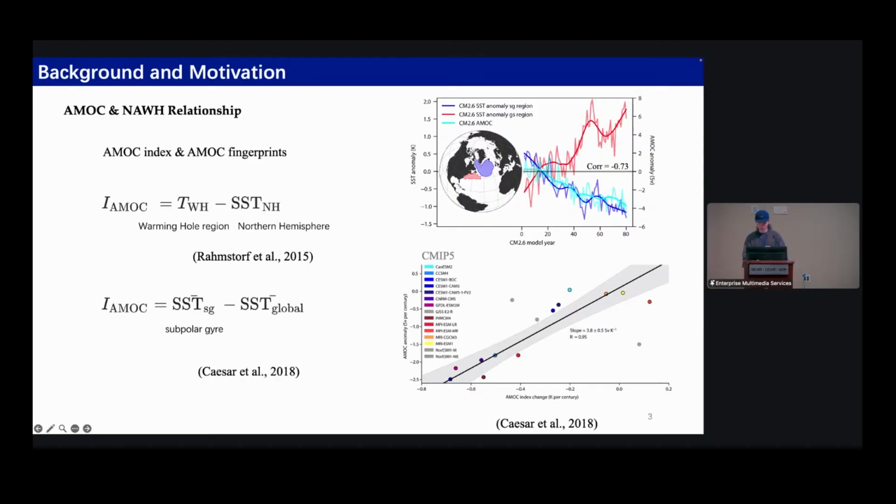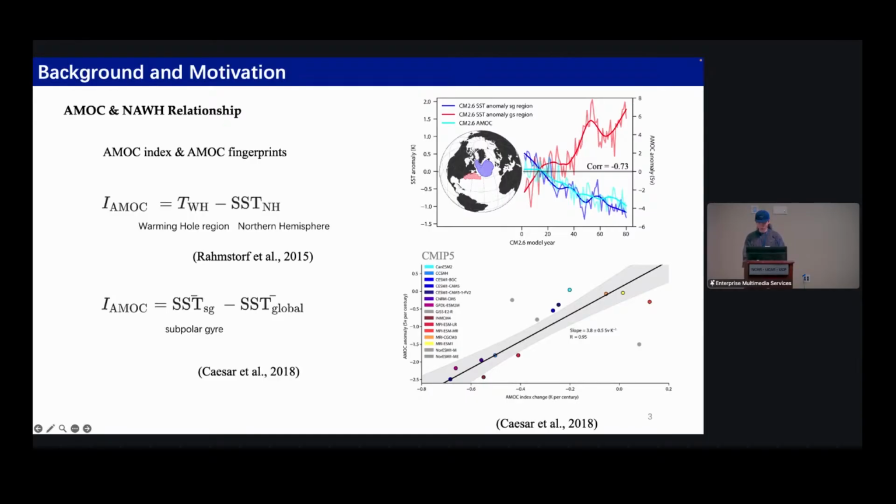This provides us a new perspective: using other long-term observed variables that are closely related to the AMOC as proxies to overcome the limitation of the direct observation of the AMOC.